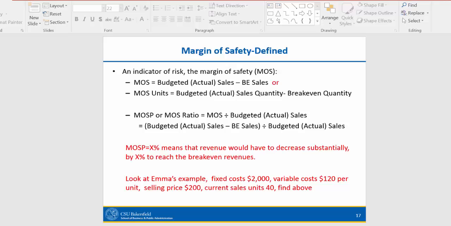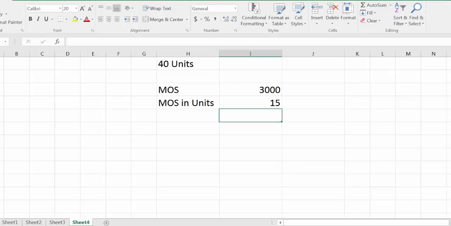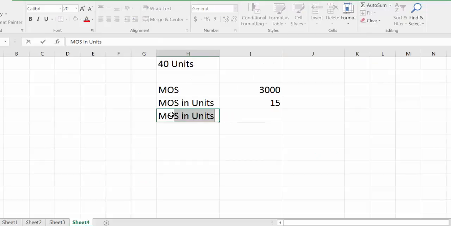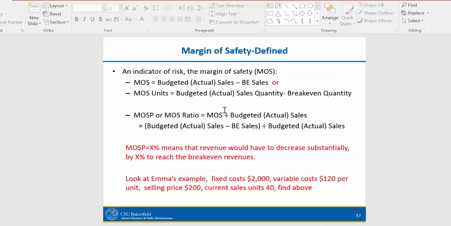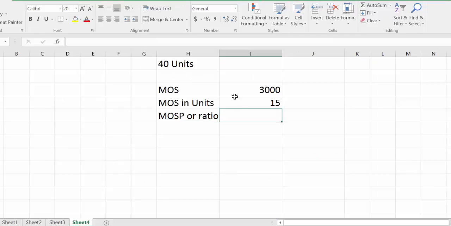The last one is MOSP, the margin of safety percentage or ratio. For this one, the formula is a little bit complicated. We have to find MOS and also the budgeted sales. For the MOS, we have that already: it's 3,000.